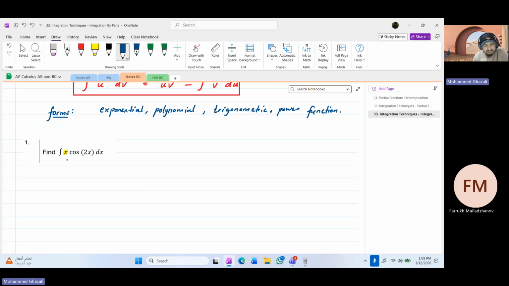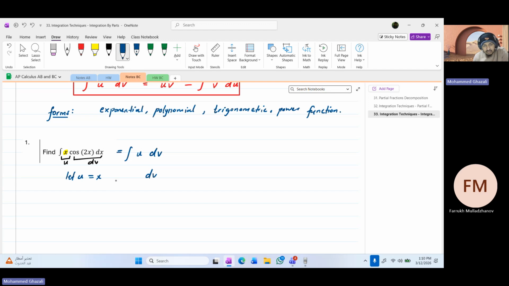So remember this is written in the form integral of u dv. So we say let u equal x and the balance is dv. If this is the u part, then everything else is dv.